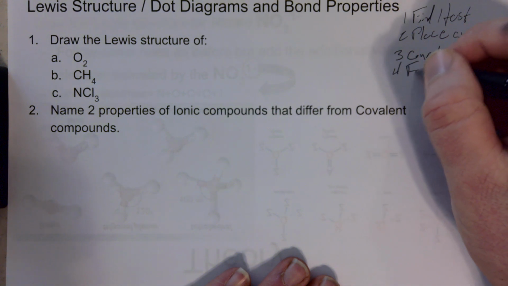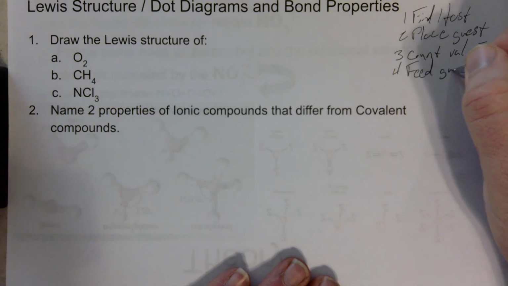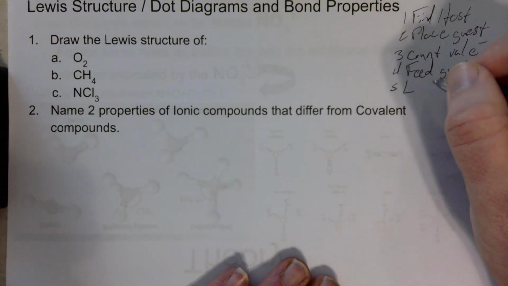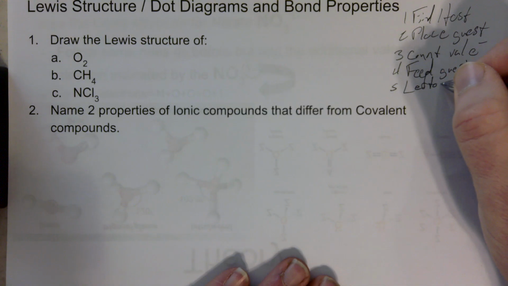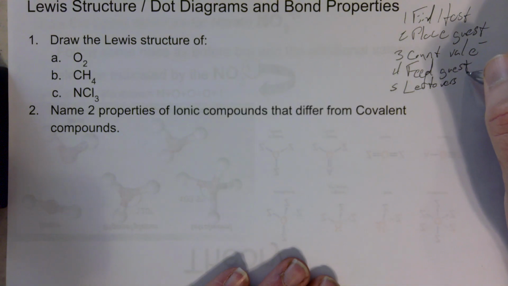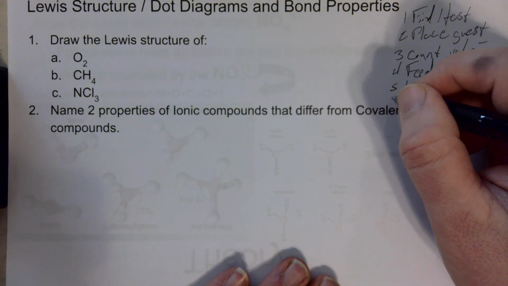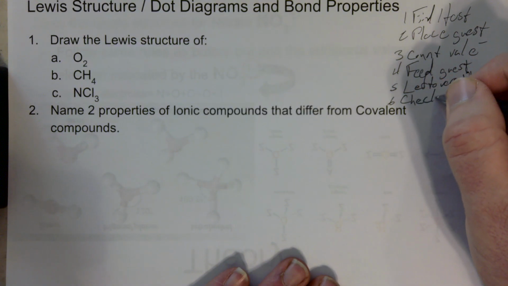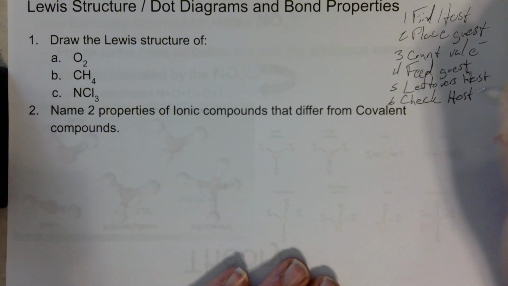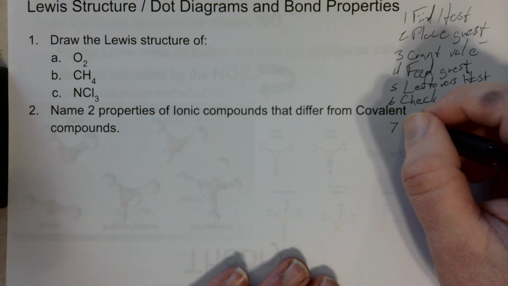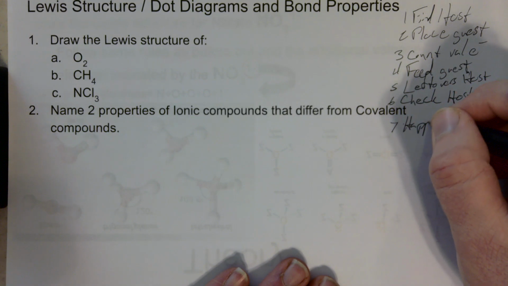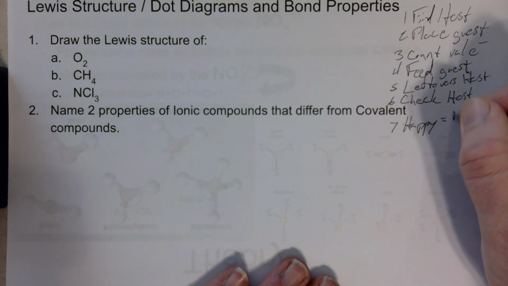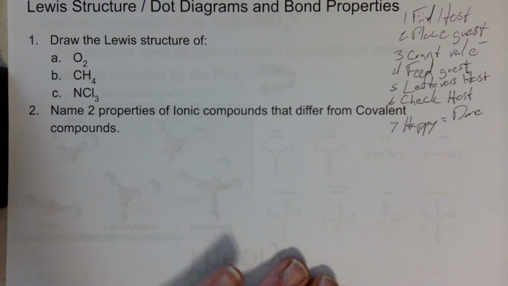Fourth rule was feed our guest. Fifth rule was leftovers for the host. Sixth rule was check to make sure the host is full. And our last step, if everyone's happy, probably spelled happy wrong, I do apologize, then that means that we are done.